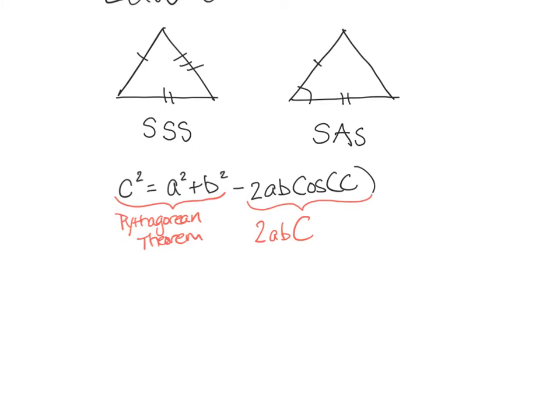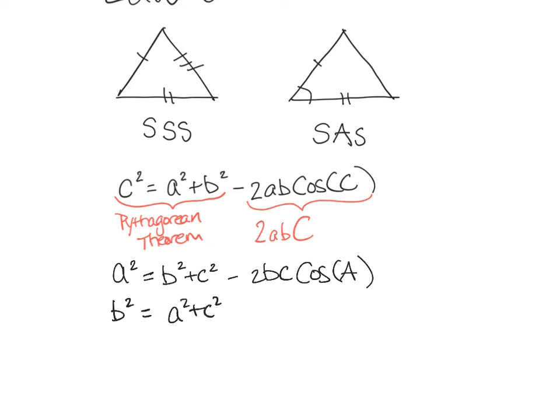So you can have A squared is equal to B squared plus C squared minus 2BC cosine of A. Or if you wanted to have B squared out in front, you can have B squared equals A squared plus C squared minus 2AC cosine of B.